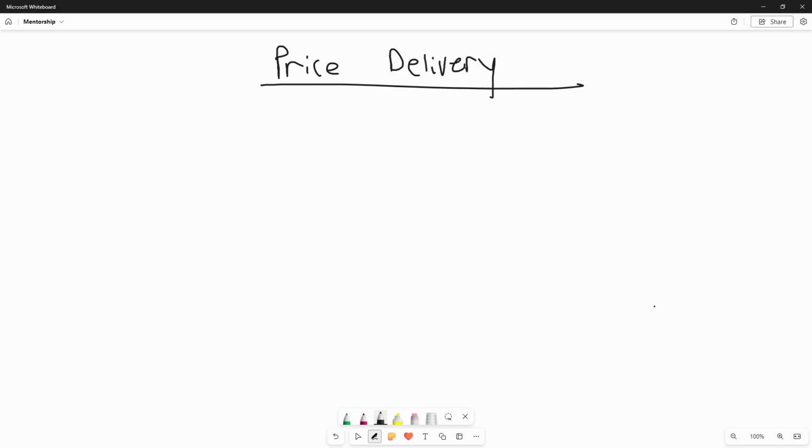There's 4 stages of price delivery. Okay, so there's 4 stages, and it's consolidation. I'll just write consolidation. Then you have expansion. Now, just stick with me here. This is going somewhere.